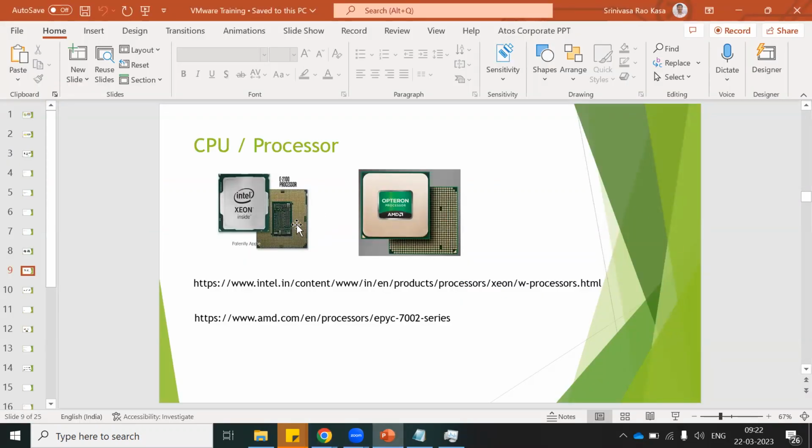You can see the differences. What is a cache? What is the number of cores? I am going to explain while discussing the processor. I'm going to provide clear information on what important factors we need to understand in the processor configuration.